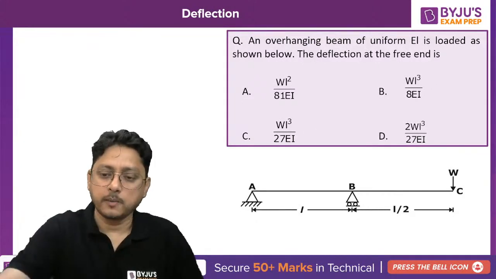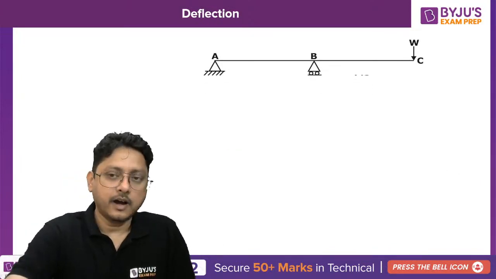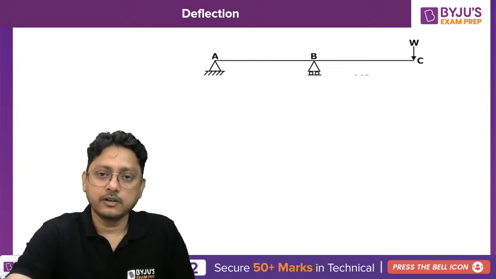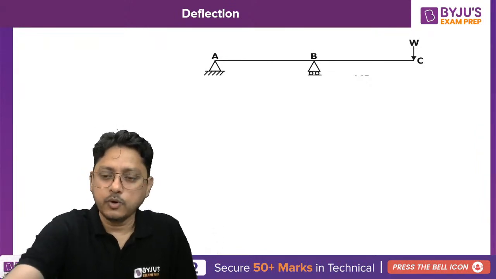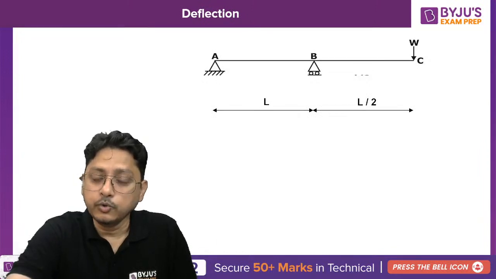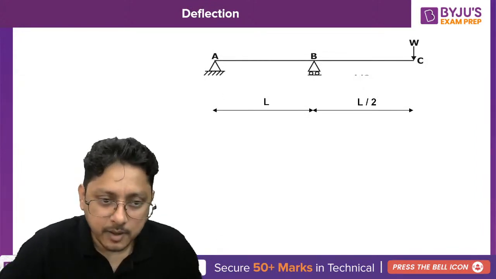How will you do this problem? So there is a beam. Understand the approach first of all; this is the best part of solving the problem. If you apply the load W, with this length L and this length L by 2, imagine the beam AB is fixed.